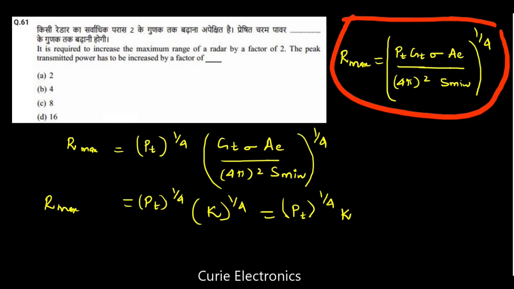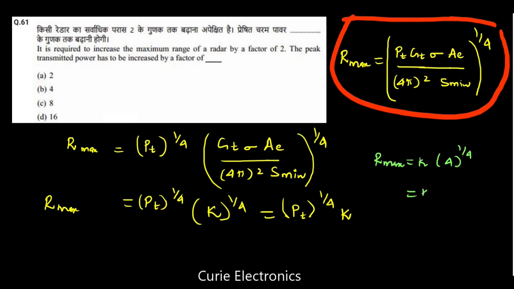Now let's see from the options. First I will put a value 4. R max equals K, let it be there. Now I'll put 4 to the power 1 by 4, because I am assuming that transmitter power has to be increased by a factor of 4. Whether it is correct or not, I will just check it.